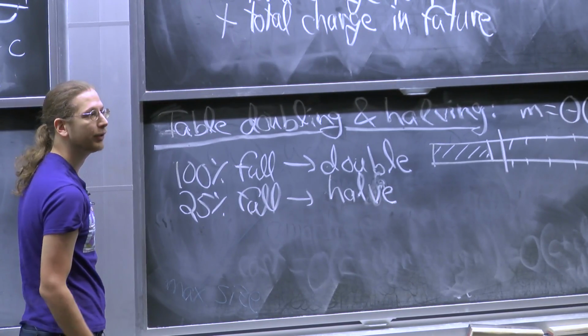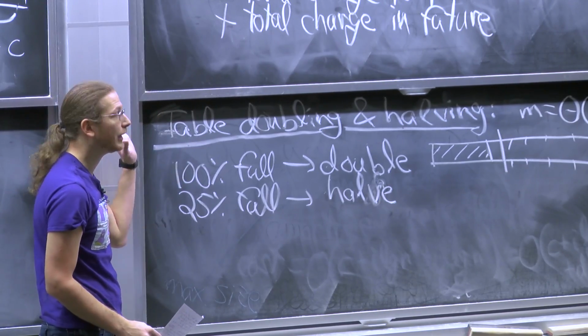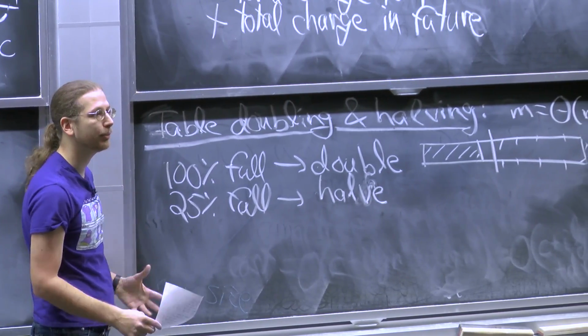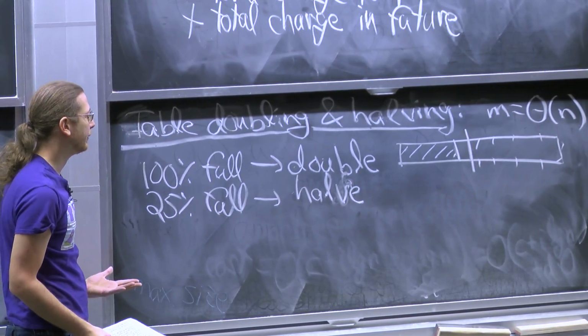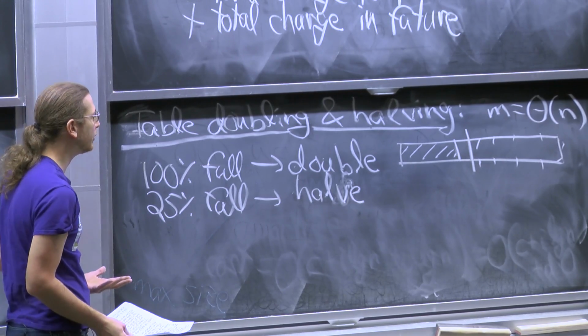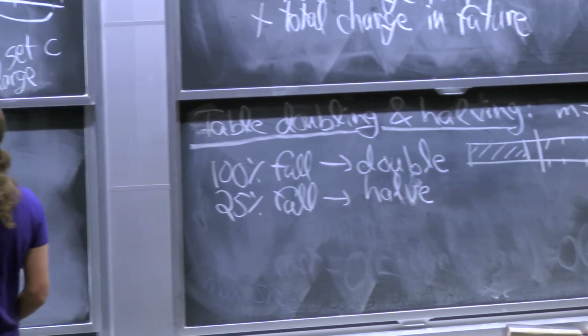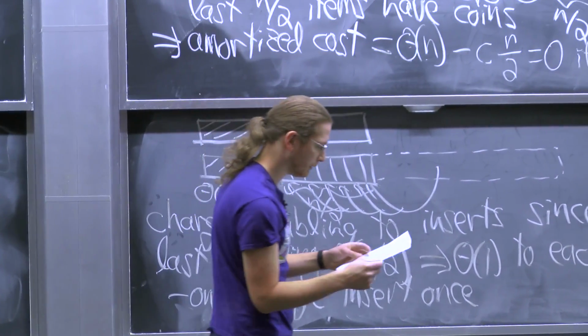This will be constant amortized per operation. But the initial analysis we did of table doubling isn't going to work here because it's complicated. The table is going to shrink and grow over time. Just summing that is not easy. It depends on the sequence of operations. But with charging, and also with coins, we could do it in a pretty clean way. I'm going to do it with charging.